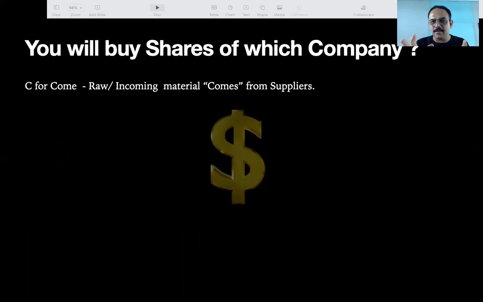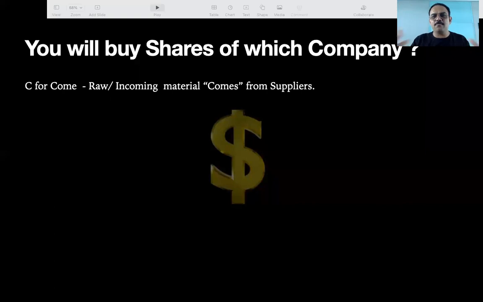Now, another thing, don't shoot me for why I taught it like this, because in engineering we used to use a lot of short forms, or some puzzle to remember things. So let's say C is for come. For any business, raw material comes from the supplier. So C is for come, like we say A for apple, B for ball, C for cat, D for dog.